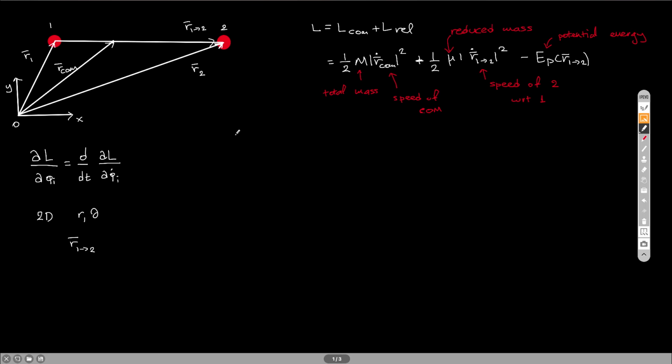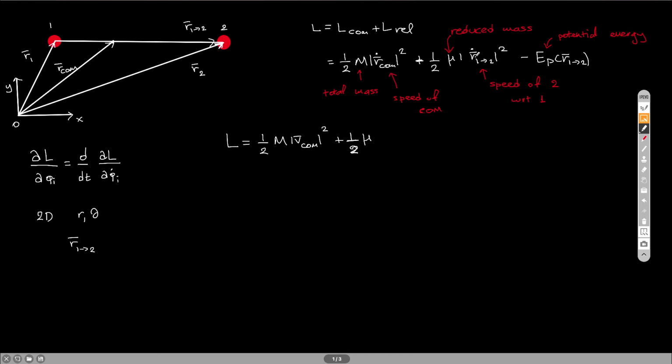Okay, let's see what our Lagrangian looks like. So I got L. This is essentially the contribution from the center of mass. This is the kinetic energy term of a particle, that does not exist, with mass equal to the reduced mass.